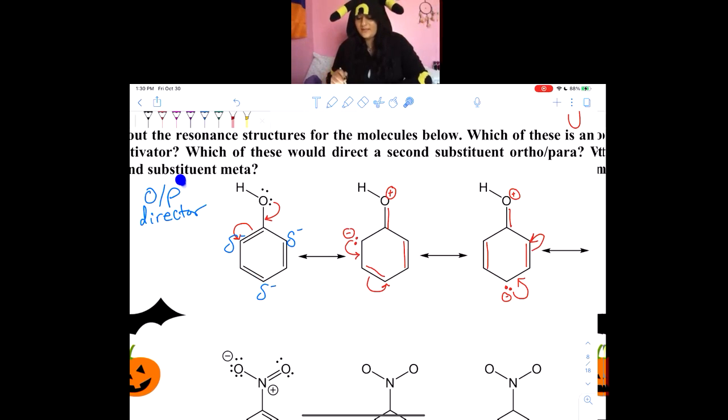So all we mean by an ortho-para director is that a benzene ring with an OH on it, when we go through another reaction, we will add that next group, ortho and para, to the original group. So in this case, the alcohol is an ortho-para director, as I said. Now, is it an activator or a deactivator?